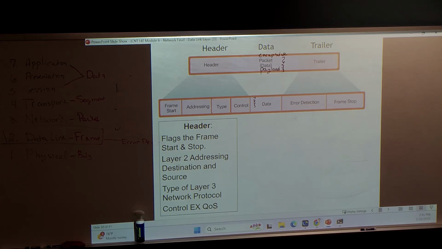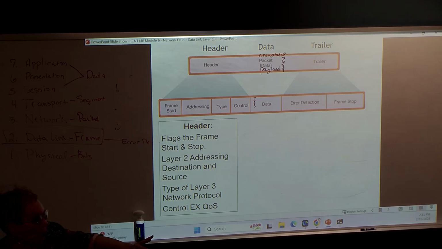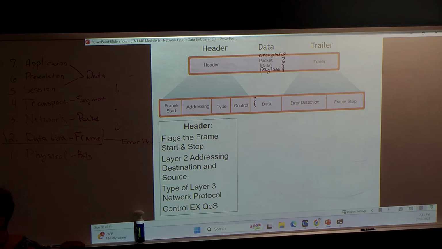Store and forward, cut through, that wasn't in module 6? Okay, it might be 7. We'll cover it when we talk about module 7. The other reason is because there's different types of frame forwarding methods, and those methods rely on the destination address, which I think you're going to read in module 7.